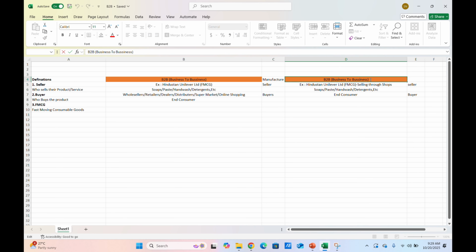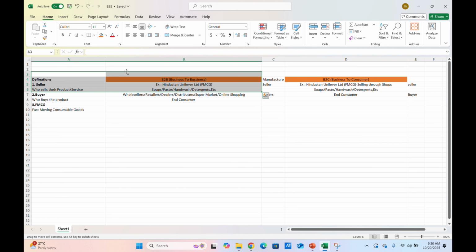If they are selling like this, it will come as a B2C process, not B2B. Business to consumer. They are running both the businesses here. If they are dealing directly with the consumer, then they are dealing with the B2B process and the B2C process also. You got clarity here?